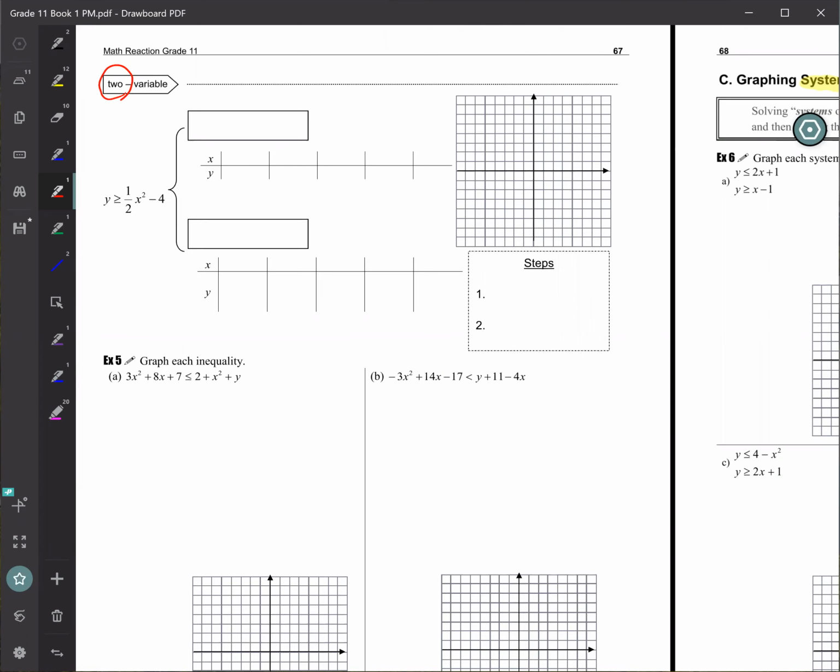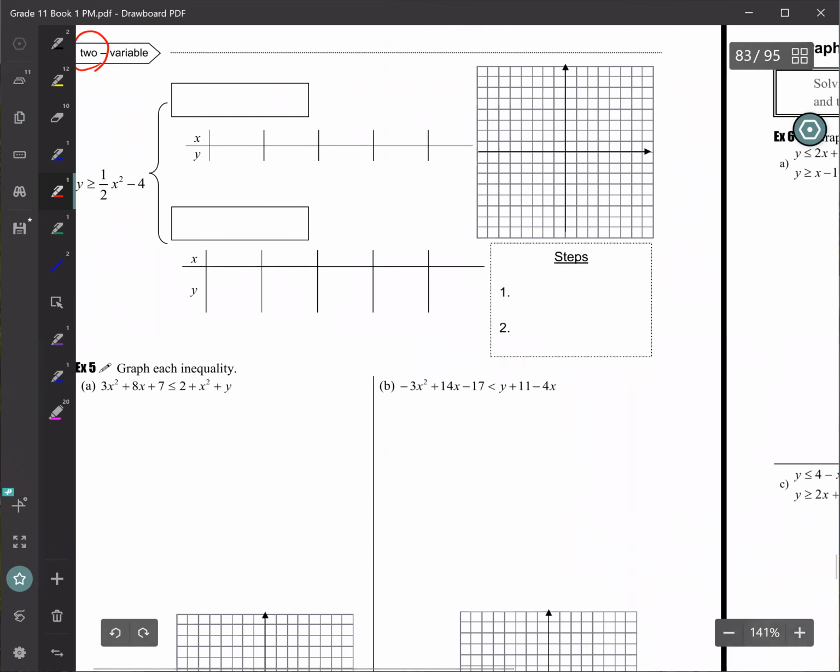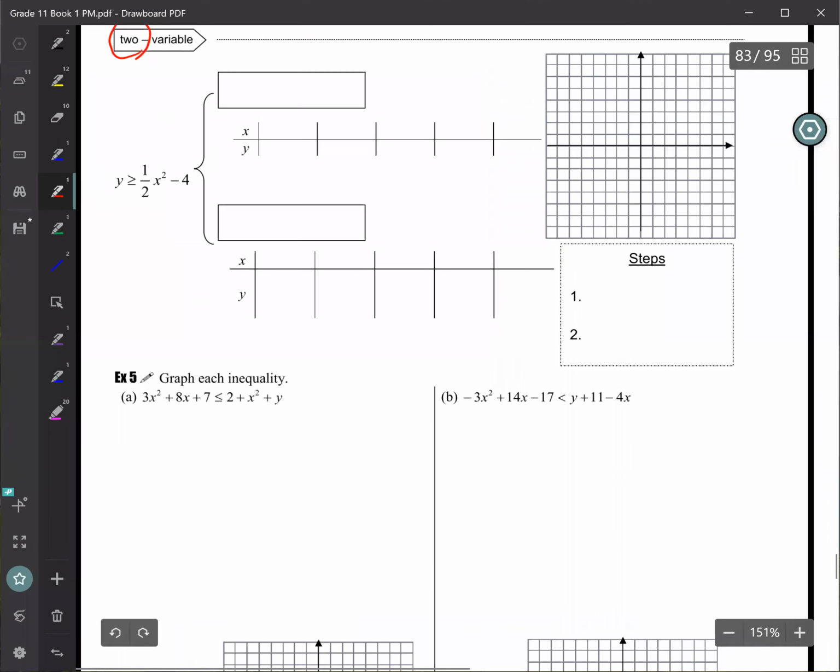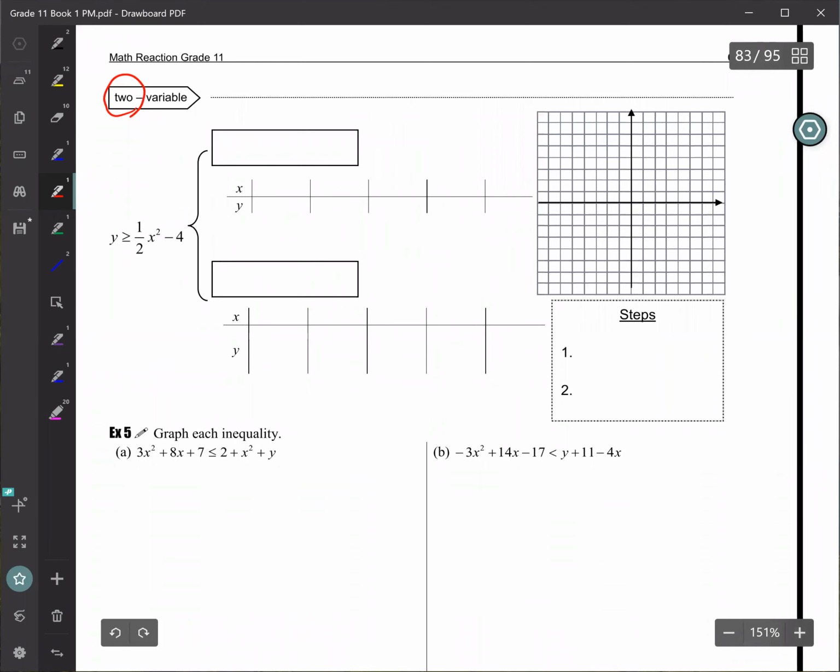All right, so step 1. What should be step 1 then, Waylon? Could you repeat that again? I kind of cut out. What is step 1? It's the same as before, right? What was step 1 before?